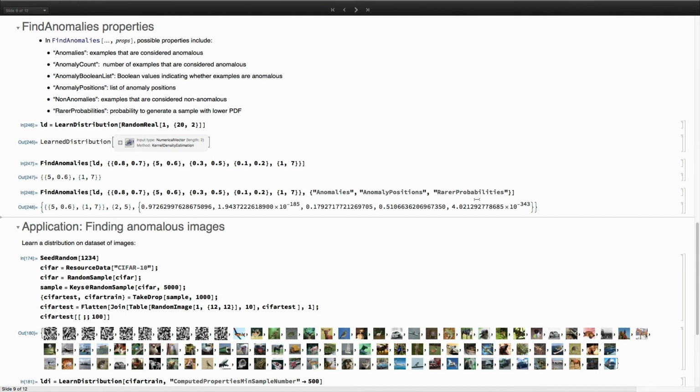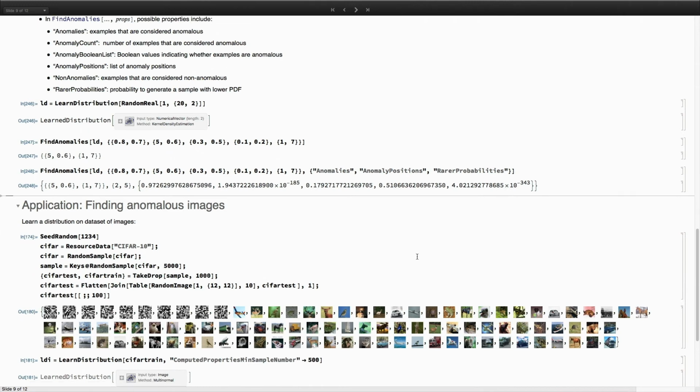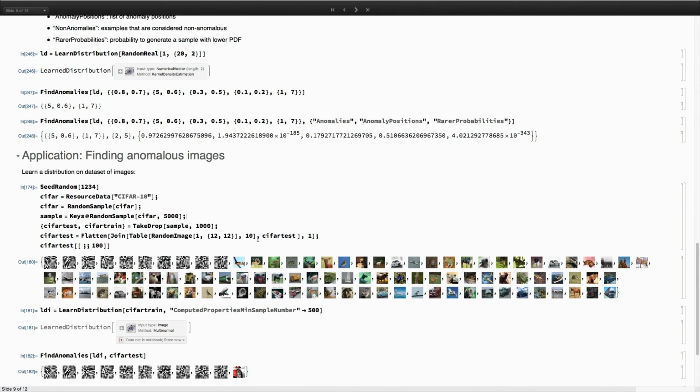Let's look at one of the applications for finding anomalies for images. Here I have CIFAR-10 from the resource data, which are images. As you know, it's a standard benchmark for various types of images like planes, dogs, cats, and everything. And I added a few random noise images to the data set.